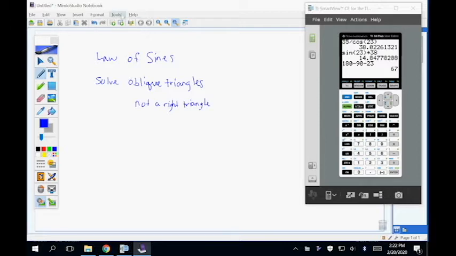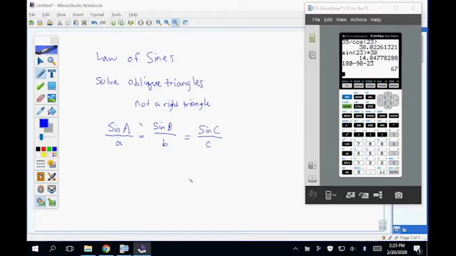So the law of sines written out is sine of angle A over side A equals sine of angle B over side B equals sine of angle C over side C. That's how we're able to get these triangles solved when we only have two angles and a side.